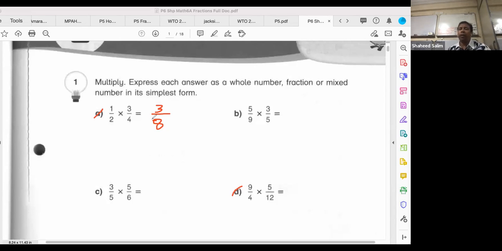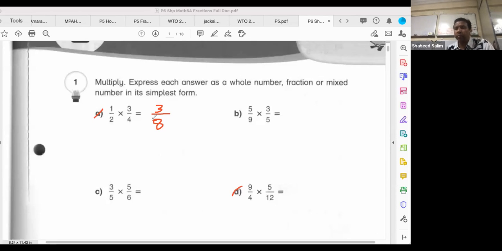Elwa, well done. Okay. Elwa, do D first. D first. Well done. Your B is correct. 15, not 5. 15, right?